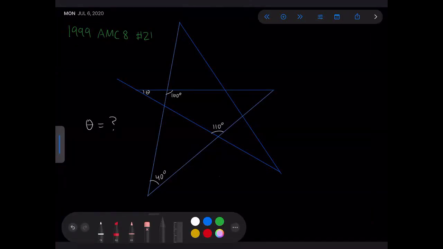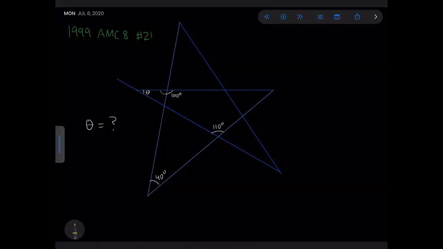And we'll go over a proof for that very shortly. So let's look over here. We want to find this angle first, which isn't too hard to find. That angle is going to be 180 minus 100. So this is 80 degrees.